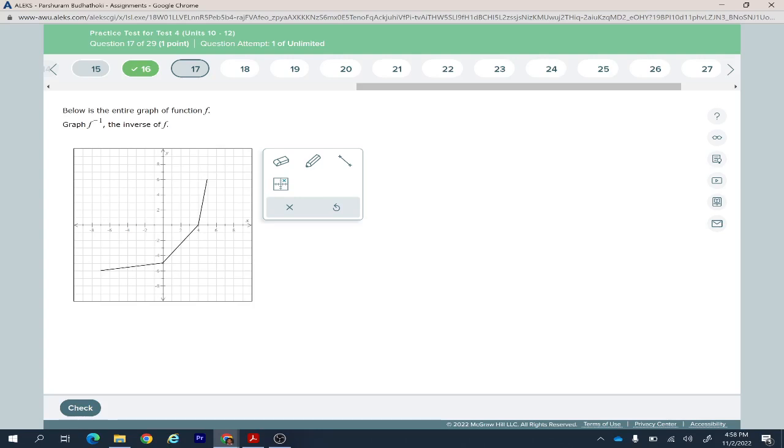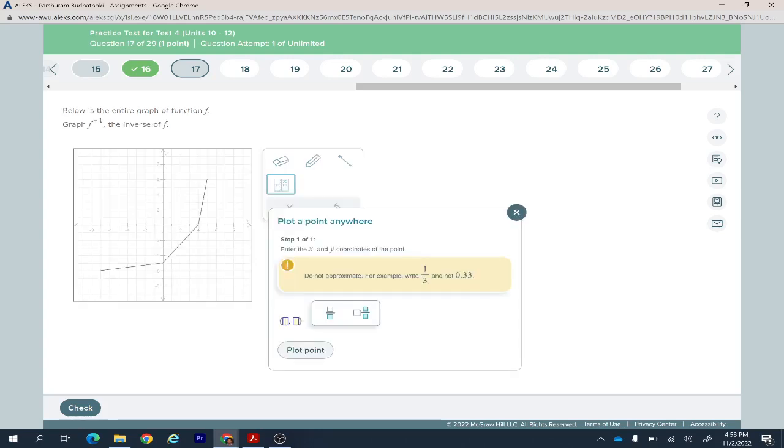The first point is 5, 6. Because you are looking for the inverse, just switch that coordinate: 5, 6 becomes 6, 5. So I'm going to plot 6, 5. That's the inverse of this point.